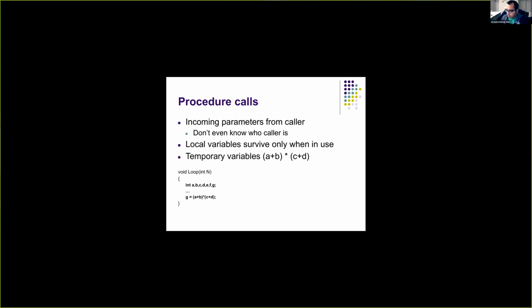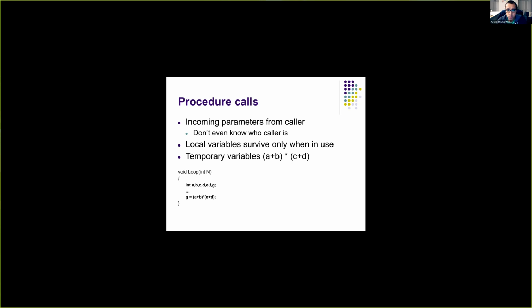So when a program or a process does a function call, there are things that the function call needs, right? A function needs parameters that are passed by the caller. It also needs space for local variables that it uses to store local computations.